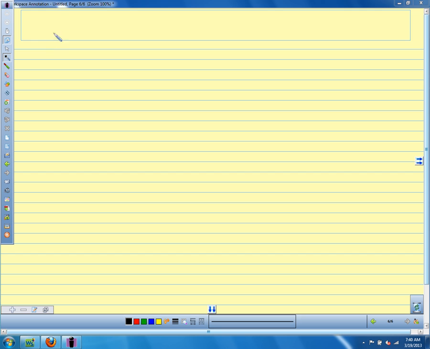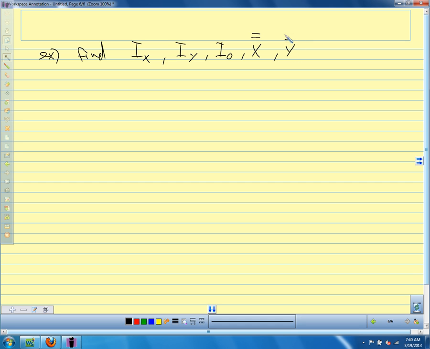So for this example, we want to find I sub x, our moment of inertia about the x-axis, I sub y, I sub o, x double bar, and y double bar.